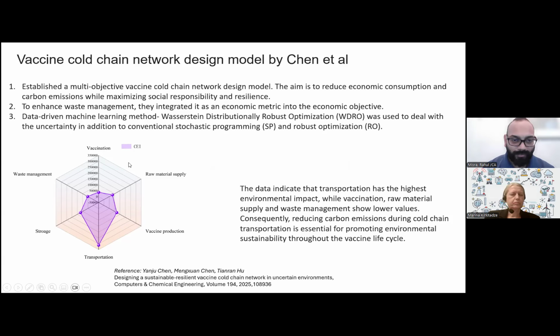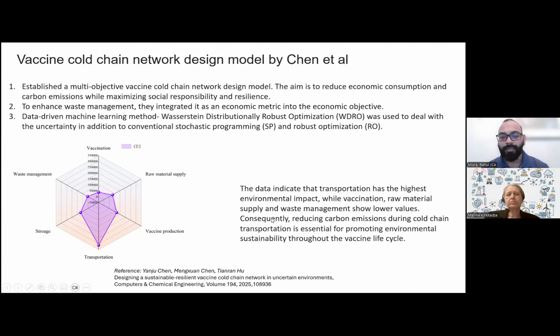As you see, all these factors are involved, and these blue points rate each and every parameter, showing which parameters involve the maximum carbon emission. The data indicated that transportation has the highest environmental impact, while vaccination, raw material supply, and waste management show lower values.